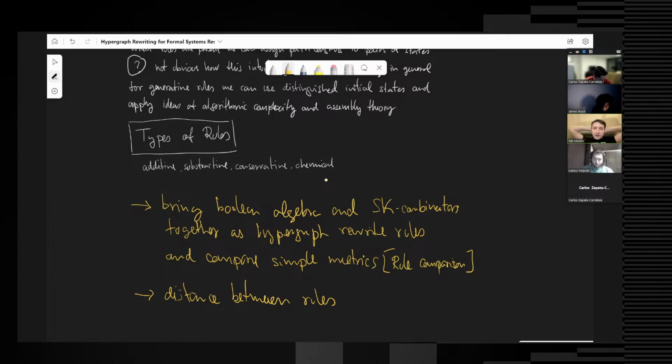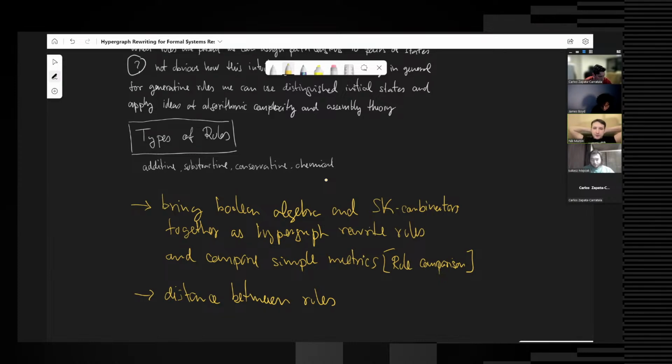I think yeah, it's like edit distance, Levenshtein distance kind of idea, right? How many actual rules or edits you have to apply to one hypergraph in order to arrive at your second output hypergraph. And there are multiple paths you can take from input to output, and maybe the minimal one would be the actual distance, right?